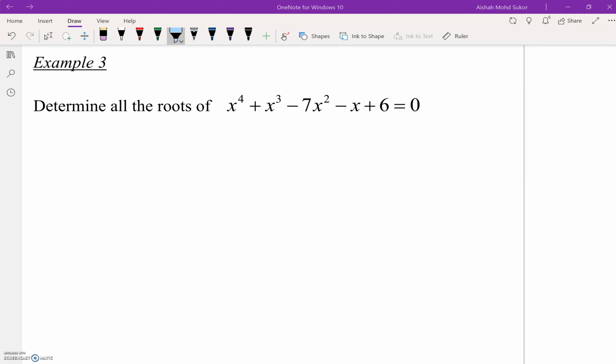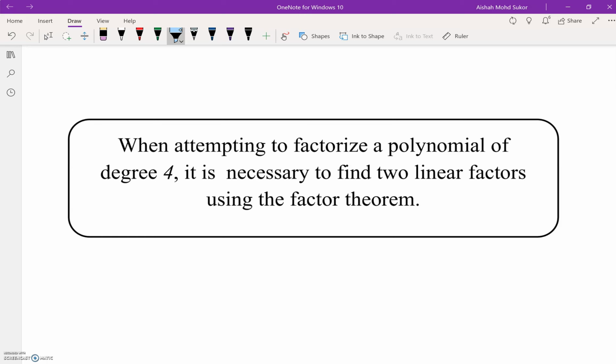Example 3. Determine all the roots of the polynomial equation given. We let p(x) be x power 4 plus x cubed minus 7x squared minus x plus 6. When attempting to factorize a polynomial of degree 4, it is necessary to find two linear factors using the factor theorem.